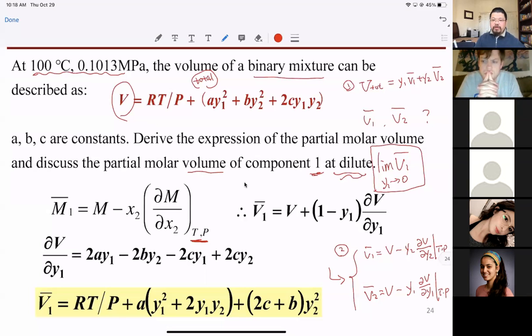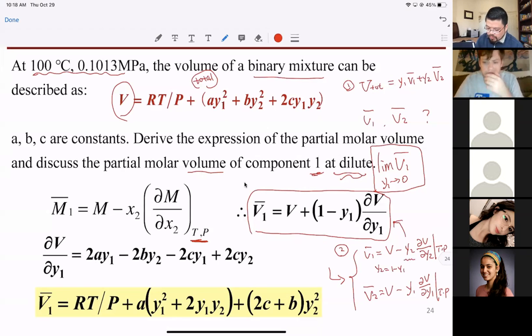So now, if this is the case, then we can start the calculation. For example, here in the solution, we utilize a small modification of the one we have. Here we are replacing Y2 by 1 minus Y1.